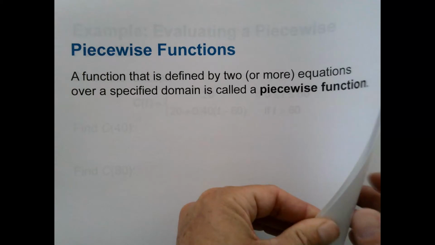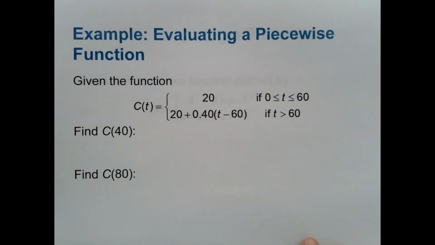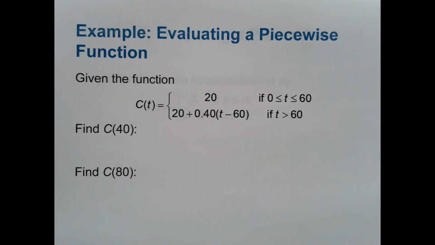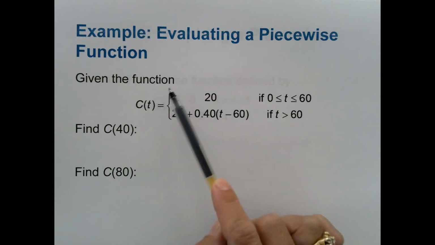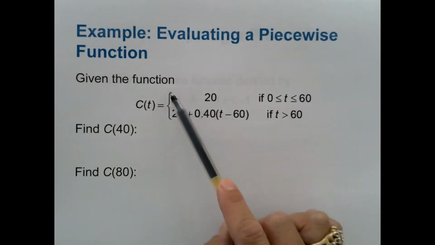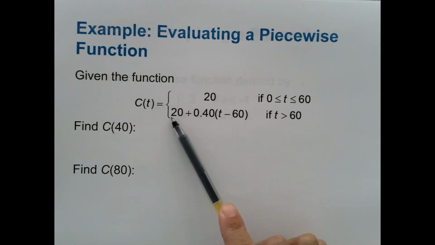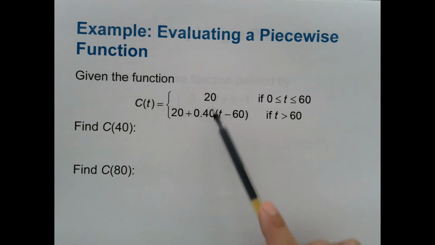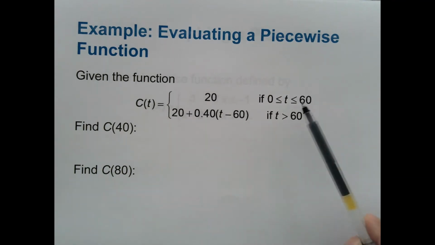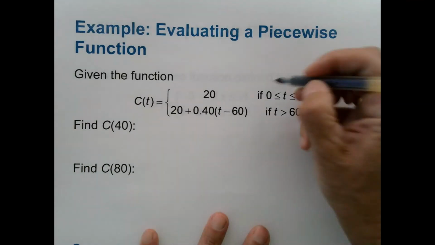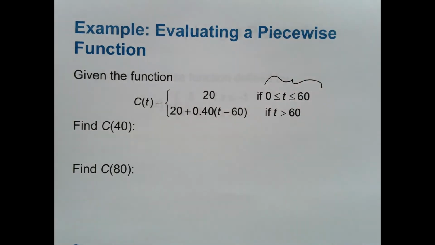So let me show you how we'd write a piecewise defined function. So this is a piecewise defined function. It's a capital C of t. And the way we know that it's piecewise is you're going to see this big curly bracket like this. And it's going to take on 2 different functions. This piece over here identifies the values of the input that go into each piece.